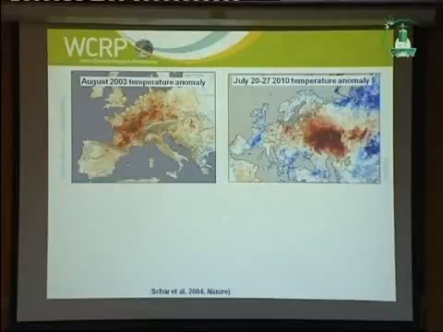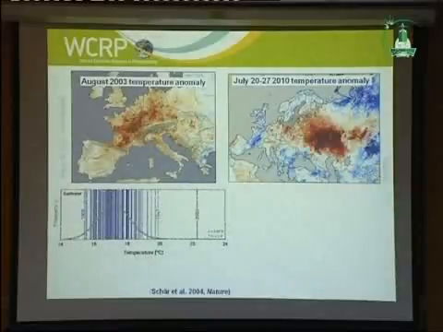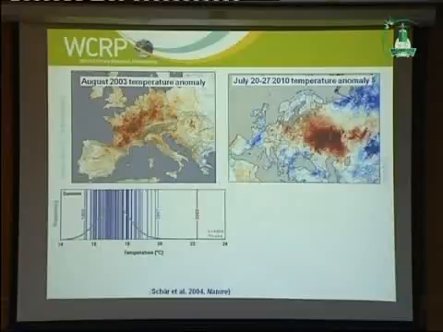The other two examples: if you take the heat wave of 2003 over Europe and look at all the existing observations from the previous 1,000 years, you will see that the red line in 2003 was in a class by itself, not in that distribution at all. So this is a very unusual phenomenon.